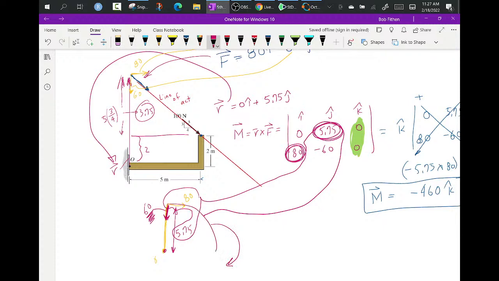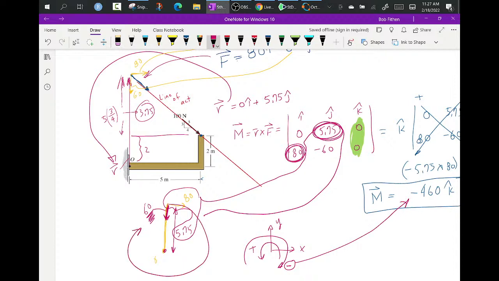In other words, this is going around that in that way. Guess what? Here's your X, here's your Y, here's your positive moment. So this direction is a negative moment. It's negative, indicating that in fact the moment is this way.